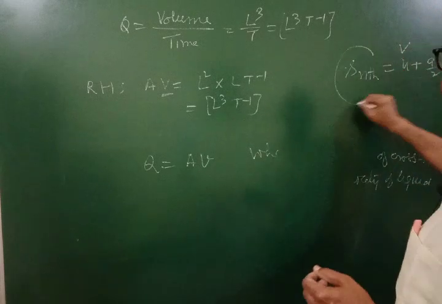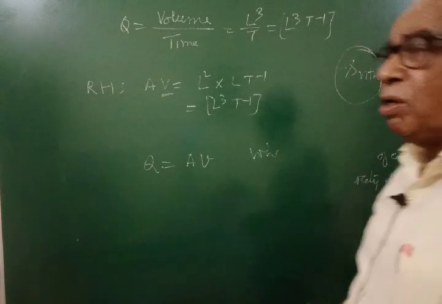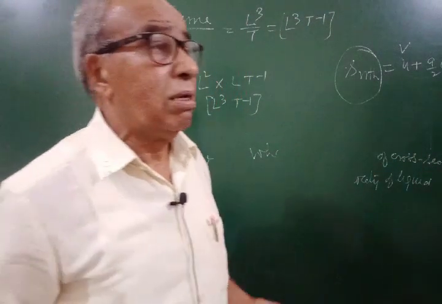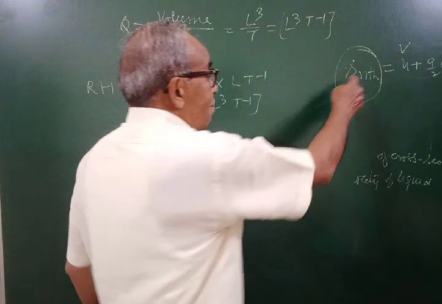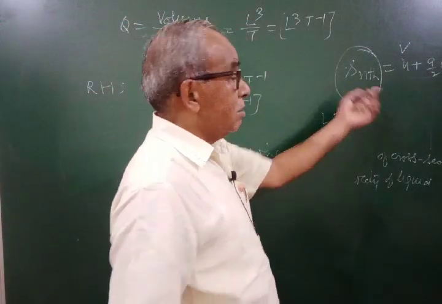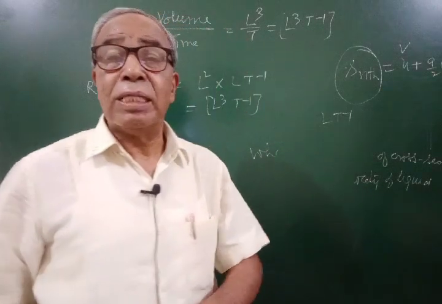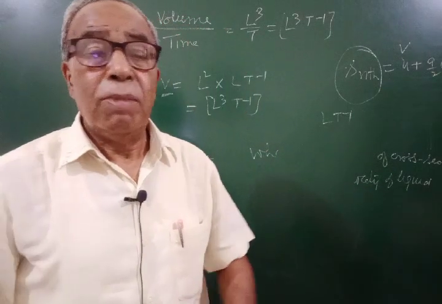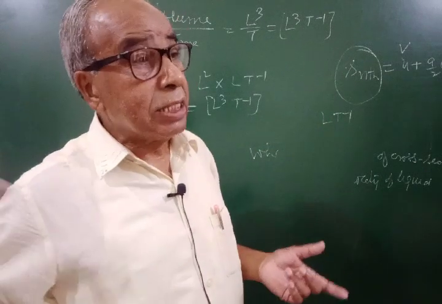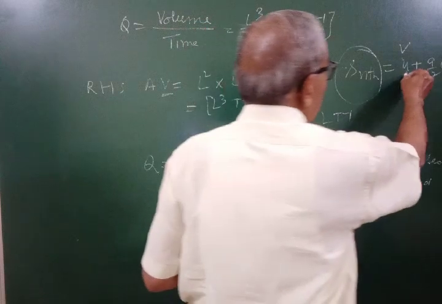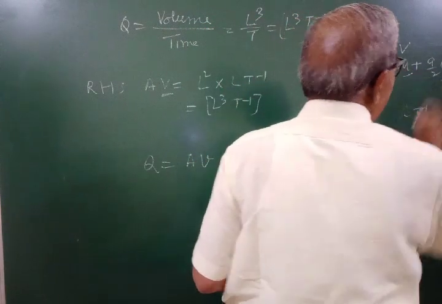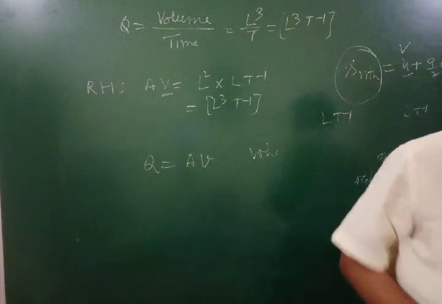So for the distance traveled in nth second, we assume only distance, but distance in nth second means in one second. So the dimension of this will be L T^-1. As for nth, the distance traveled in nth second means distance traveled per second. Maybe the 10th second, 11th, 12th, 20th, but that is the distance in only 1 second. u has dimension L T^-1. Then a by 2: generally people get confused here.